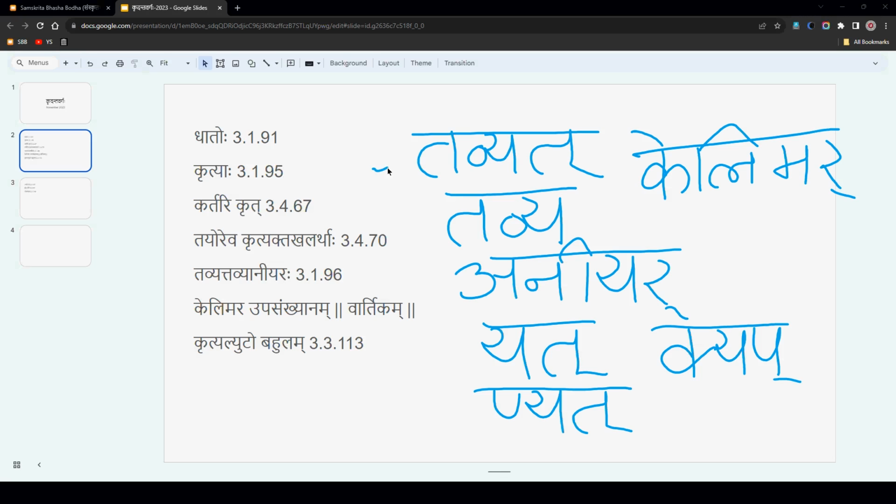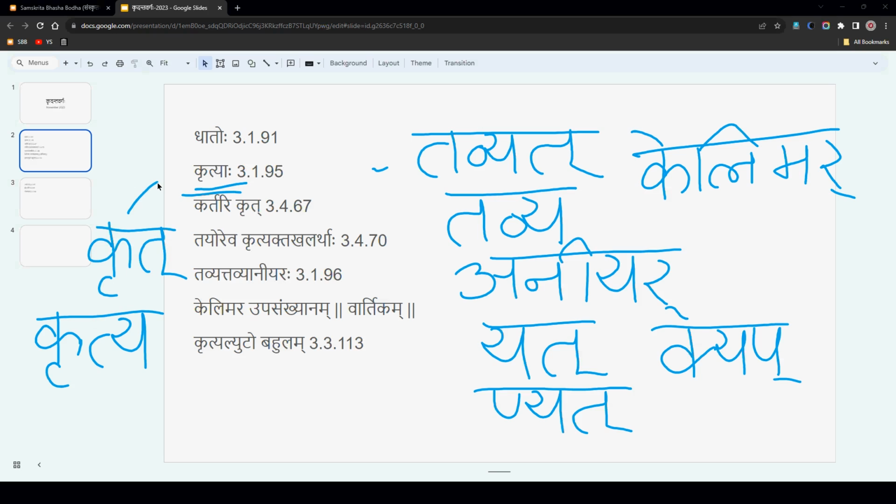Each one is known as a Krutya Pratyaya, and is part of Krutya. But they are also Krut Pratyayas. All of them are Krut Pratyayas, and there are more Krut Pratyayas, but these 7 are also known as Krutya Pratyaya.